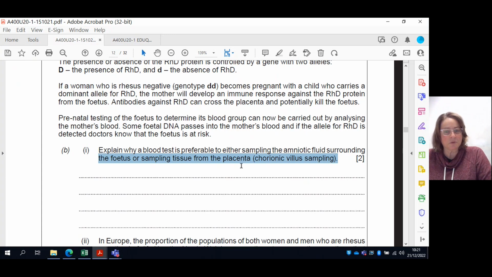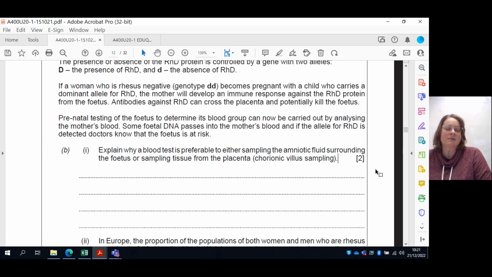Wouldn't it be better, if you want to test the fetus, to actually test the fetus itself? The key idea here is, how do you do least damage? How do you risk the least infection? How do you avoid possibly an abortion or an accidental damage to that fetus?